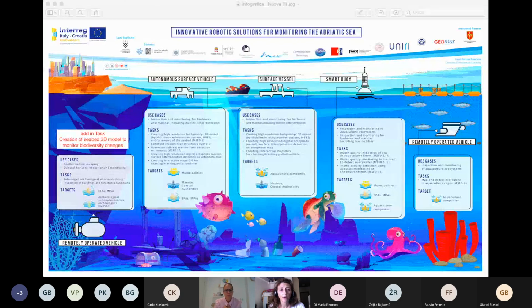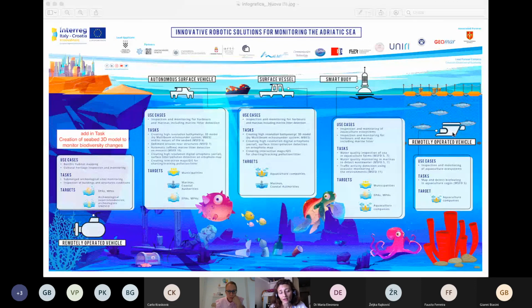Yes. Okay. In this infographic, you have the different robotic solutions, the different kinds of vehicles that we are developing within InnovaMare. So we have a service vessel, buoys, underwater vehicles, and so on.